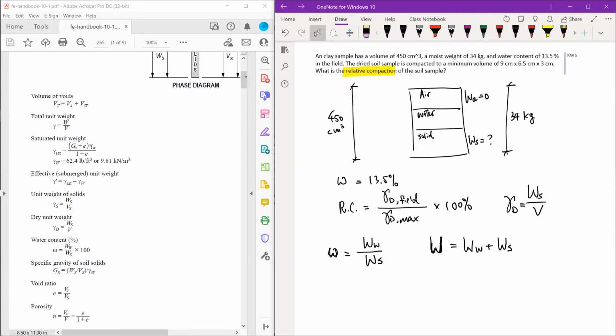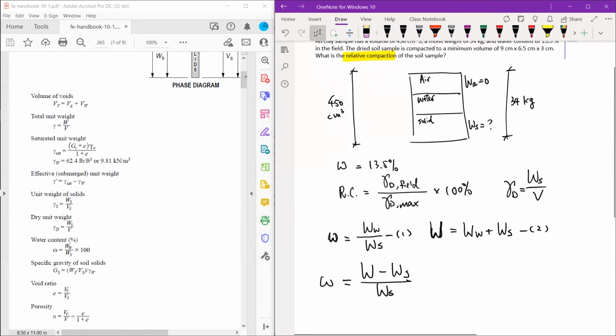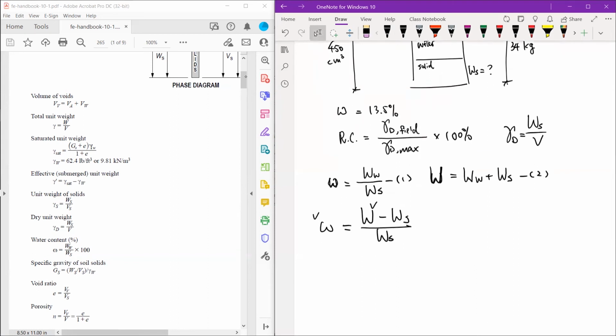So if we reorganize and combine these two equations, the water content will equal the total weight minus the weight of the solid, divided by the weight of solid. Pretty much like we substitute equation 2 into equation 1. Then we can ask ourselves whether we are ready to solve this equation, and the answer is yes, because we know the water content. Also, we know the total weight, and we are solving for the weight of the solid.